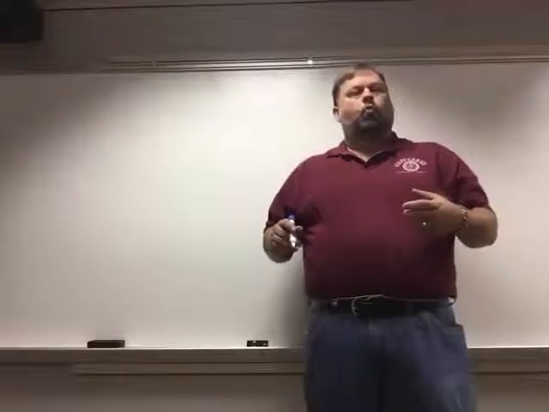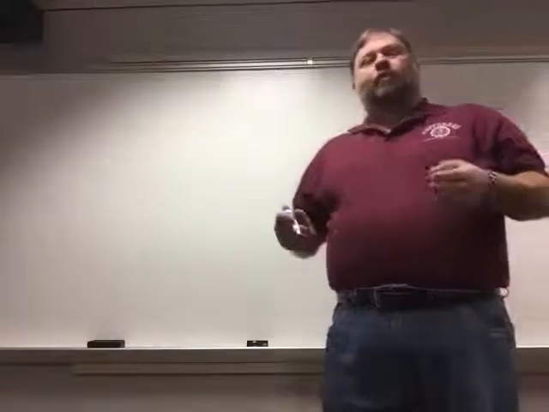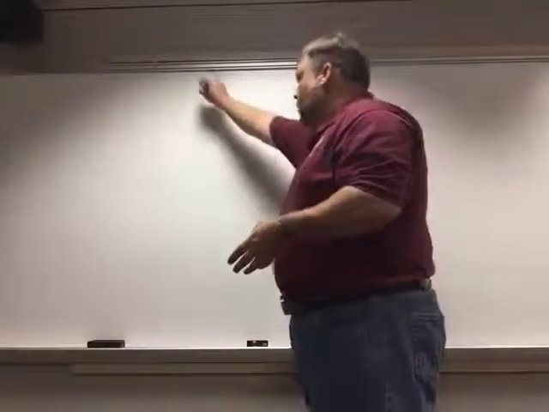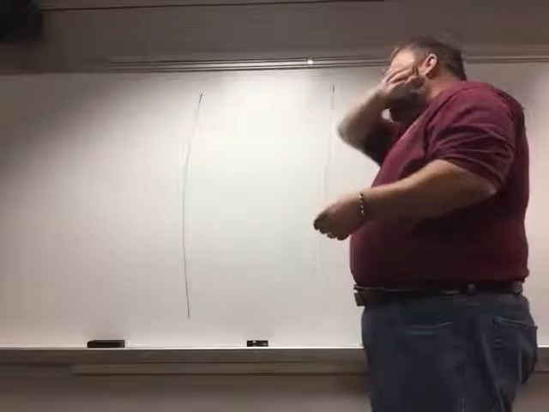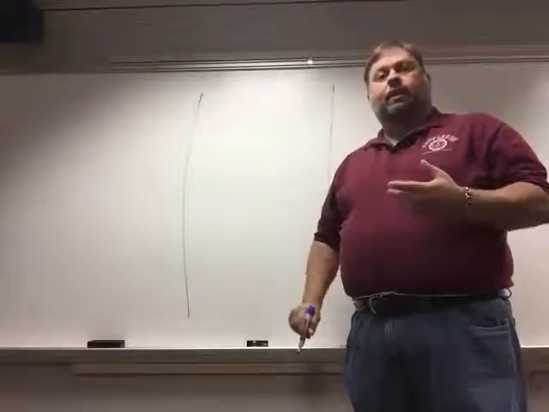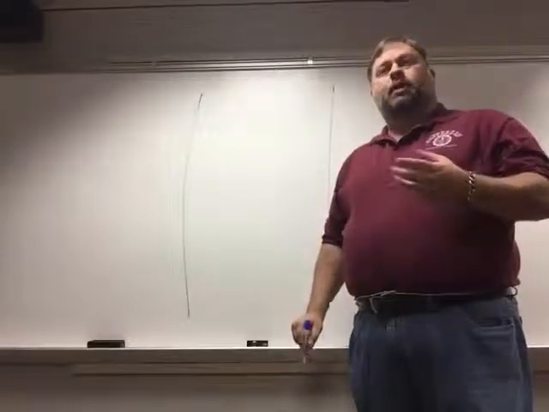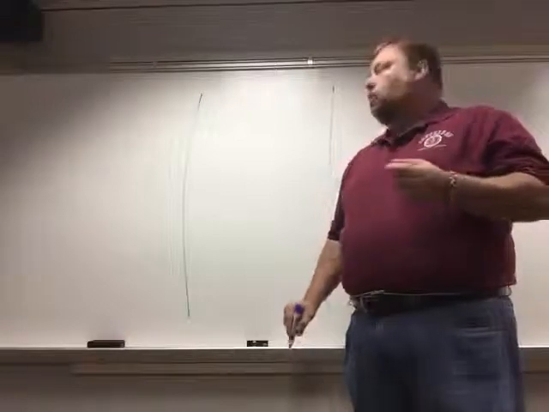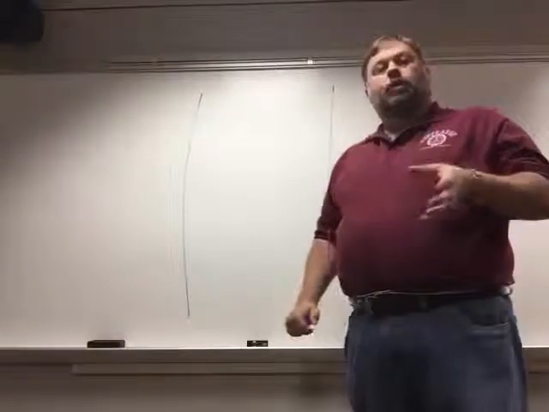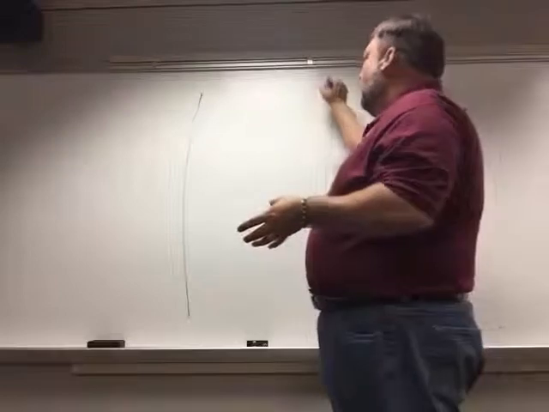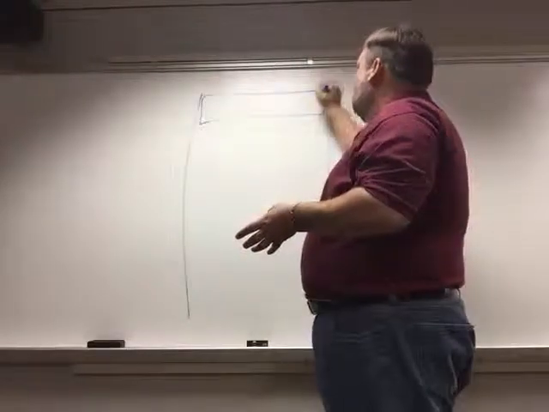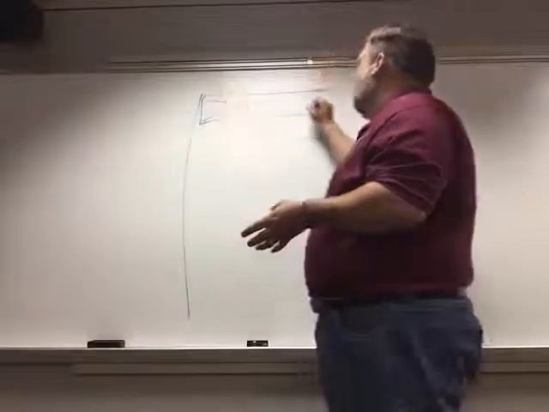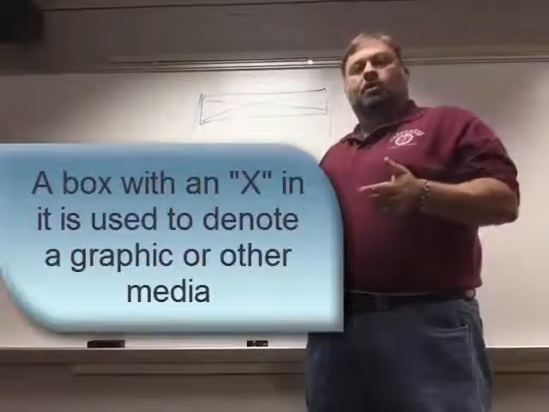So for each one of your pages, you have to consider what layout you actually want to have. So if we consider our page sitting on the screen, what we want to do is figure out what we want where. So maybe I know I want a header image across the top.